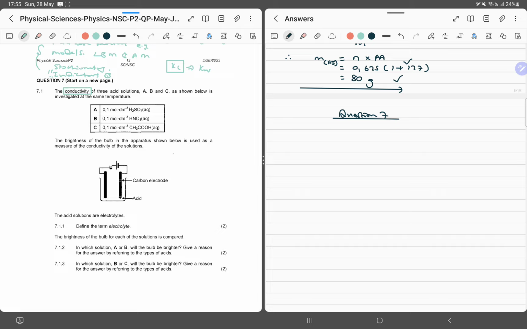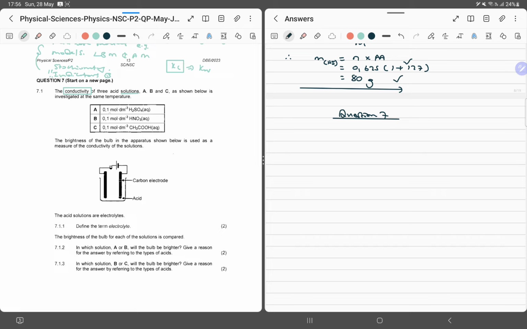Once we talk of conductivity, it is the ability of these solutions to conduct electricity. The conductivity of 3 acids, A, B, and C, as shown below, is investigated at the same temperature. Fine, trying to suggest that we're more or less suffering the same rates of reactions, but it's not really true.